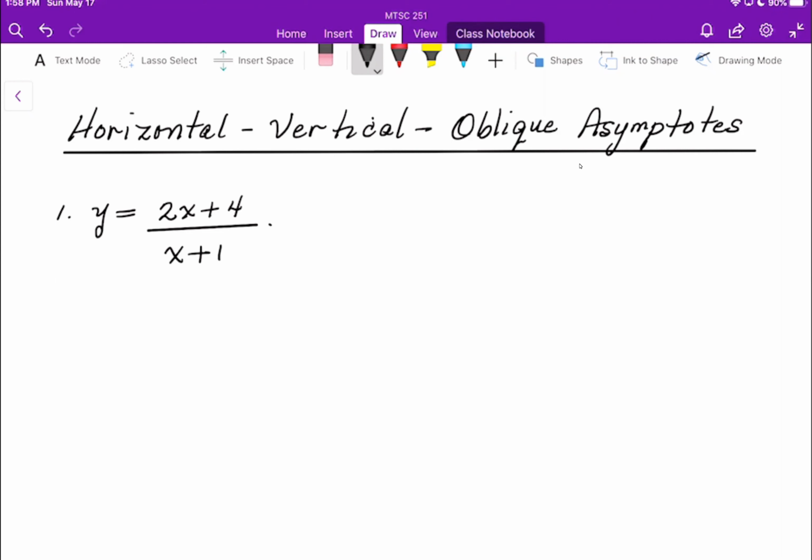As we can see, this function, y equal to 2x plus 4 over x plus 1, is undefined when x is equal to negative 1. So therefore, we're going to have a vertical asymptote at x equal to negative 1.